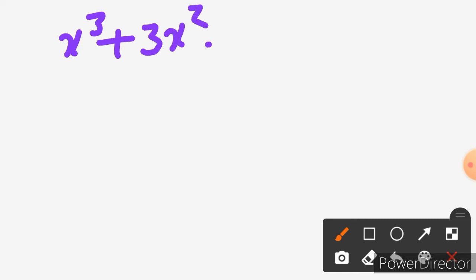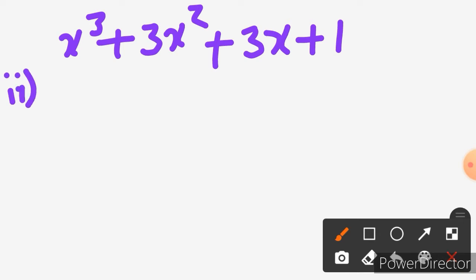Okay. So next one, let us discuss. Since I have less space here, I'm just going with the substitution method only. That was the second method I'll go for. So let me write down the polynomial again as given in the textbook: x cube plus 3x square plus 3x plus 1. The second sub question we have is x minus 1 by 2.